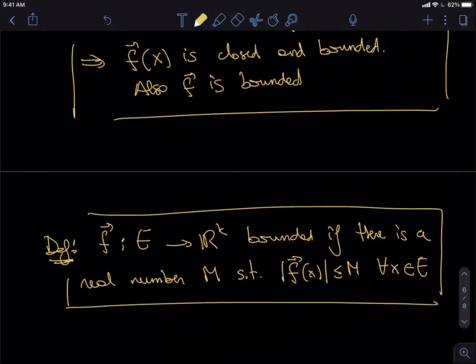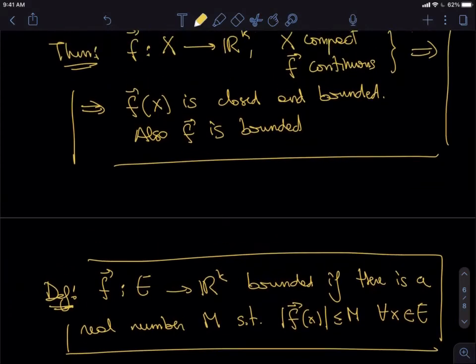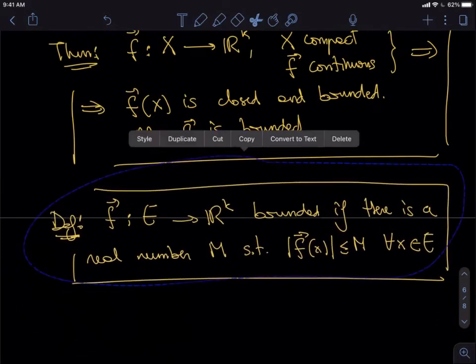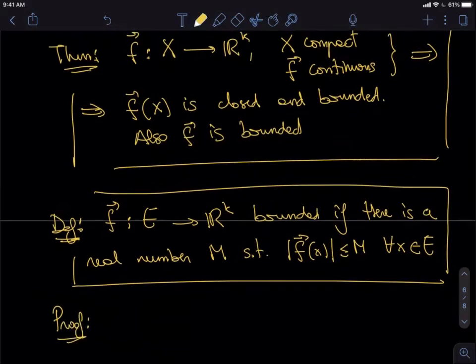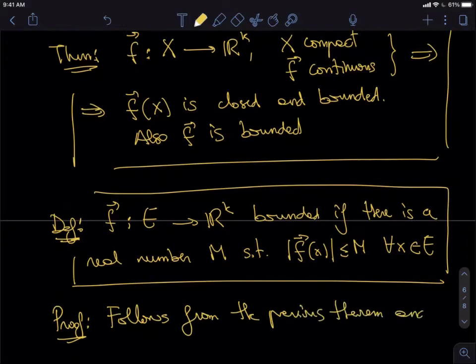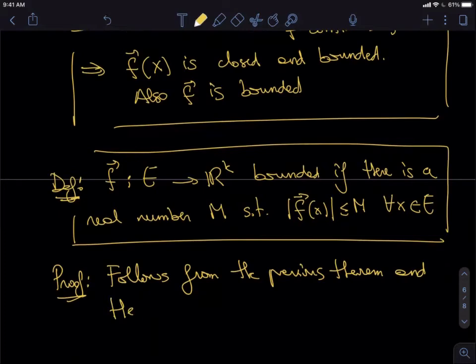And actually, the proof of the theorem is quite straightforward. Let me put this a little closer together so that we can, there we go. So I was saying the proof is very easy because it follows from the previous theorem and Heine-Borel.